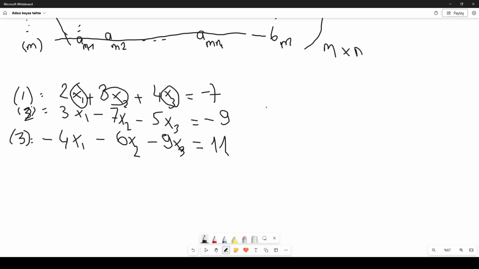So if we are required to find the solution of this system, actually what we are trying to do is find such a 3-tuple, namely x1, x2 and x3, such that this 3-tuple must satisfy each equation simultaneously.